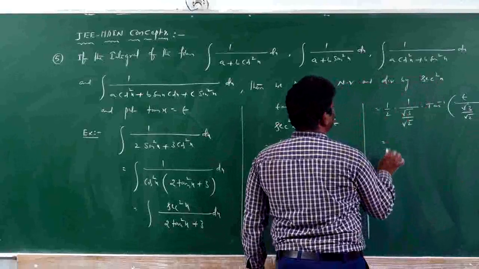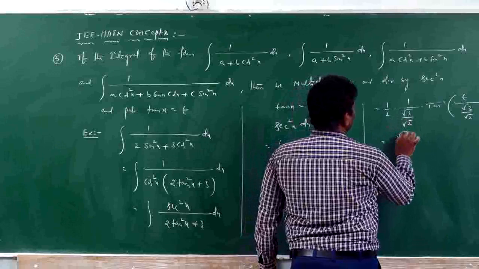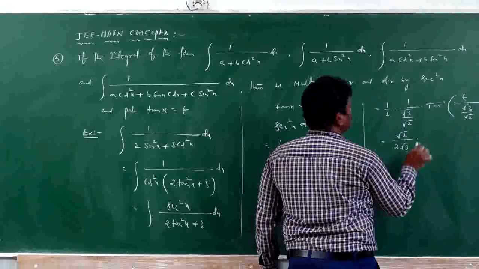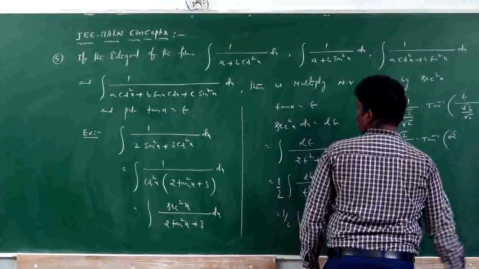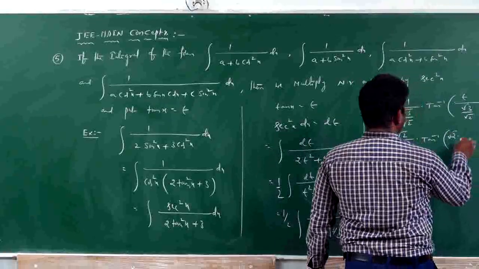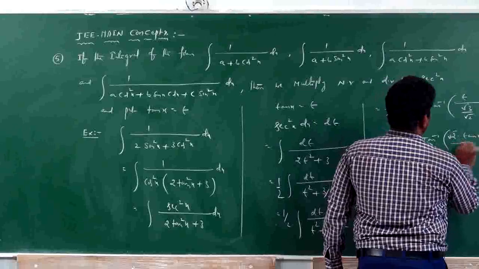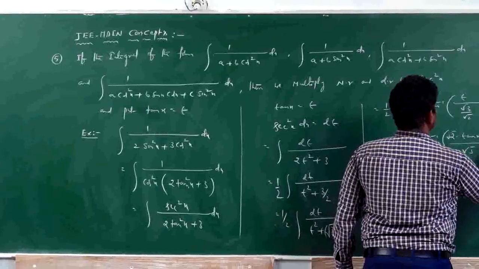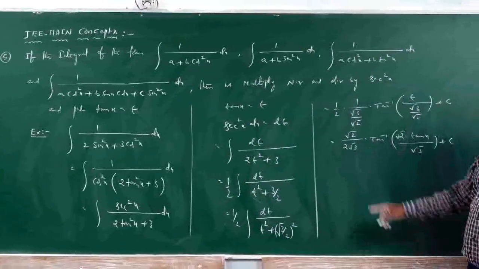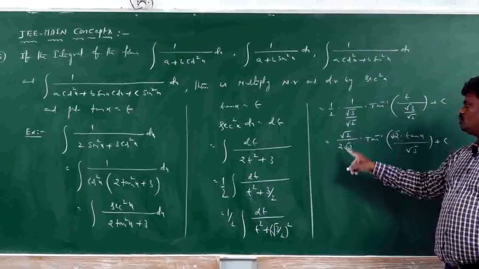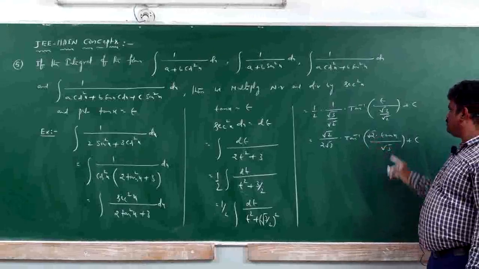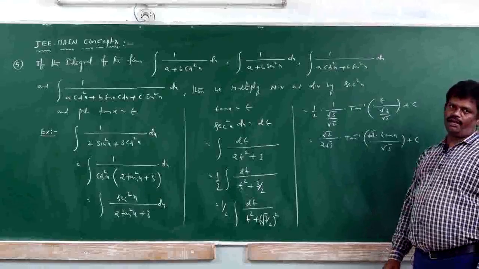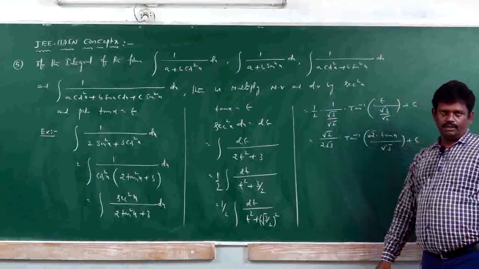That is equal to root 2 by 2 into root 3 into tan inverse of root 2 into t, which is tan x, by root 3 plus c. Otherwise, if you want to simplify, root 2 into root 2 cancels, giving 1 by root 2 into root 3 tan inverse of root 2 into tan x by root 3 plus c. Okay? Right.